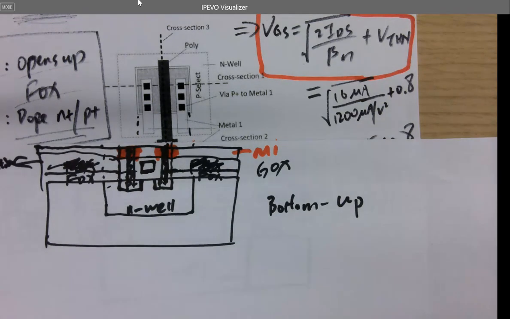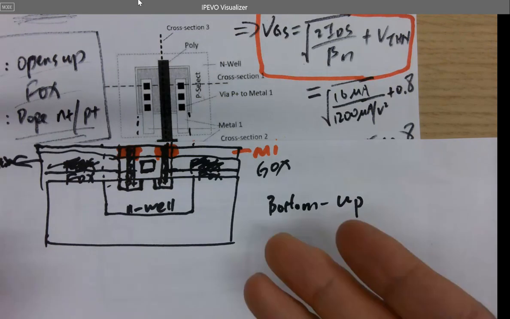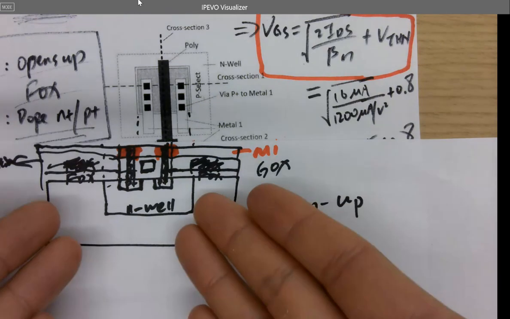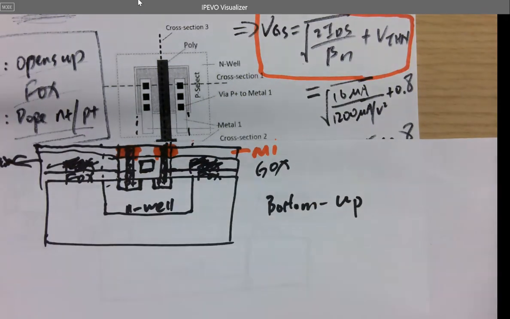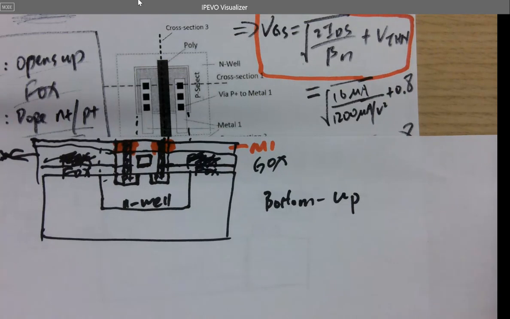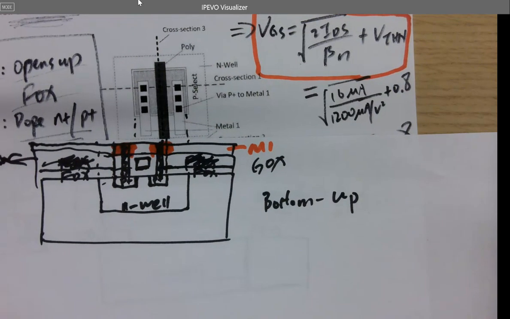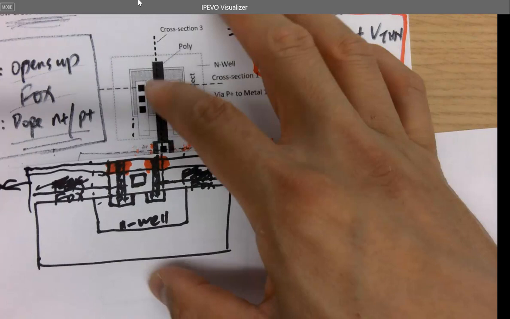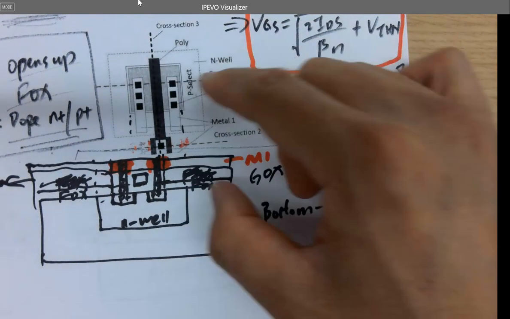So all this process, eventually you have that opening available to dope. But when we are dealing with it, you just imagine there's a window on the top, which you can dope material through. But there isn't such a window. It's not a physical thing that you can put in there. You don't need a P select in there physically. You just need a P plus gate, that's it. That's a transistor, right? But when we are thinking about the process, we just treat the P select as a window on the top.